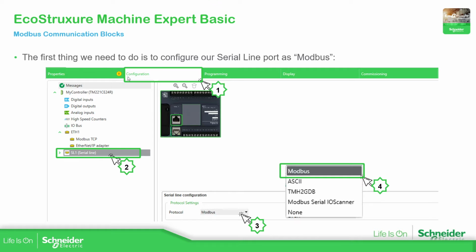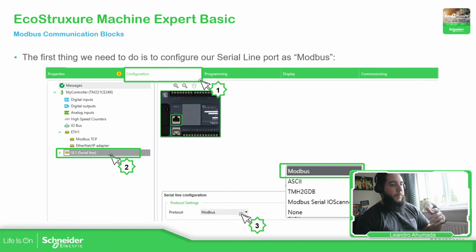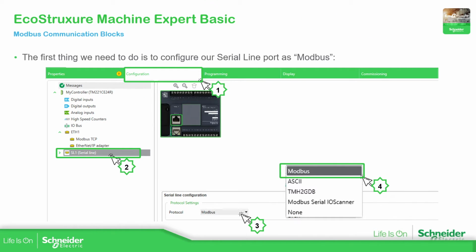What we need to do is to go to configuration, serial line, and select Modbus. In this way, we can specify the communication to be serial line as Modbus. This is because we also have the possibility to use the serial IO scanner. That's going to be much better, but I'm going to explain that later. So continue with this.